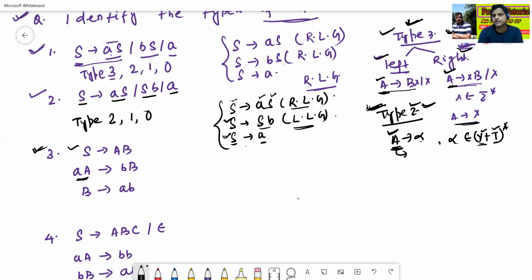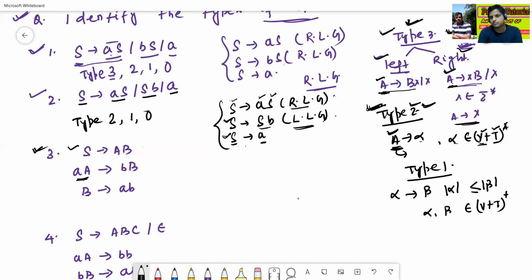So now we'll check for type 1 grammar. What is type 1 grammar? Type 1 grammar is in the form alpha to beta, where the length of alpha is always less than or equal to the length of beta, and here alpha and beta belong to (V union T) whole plus.